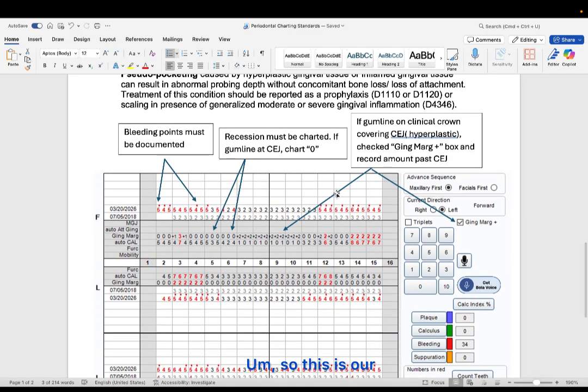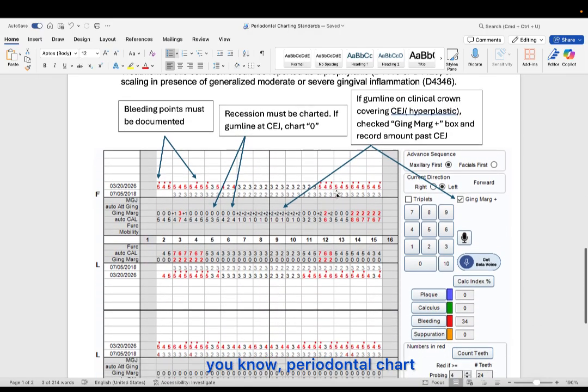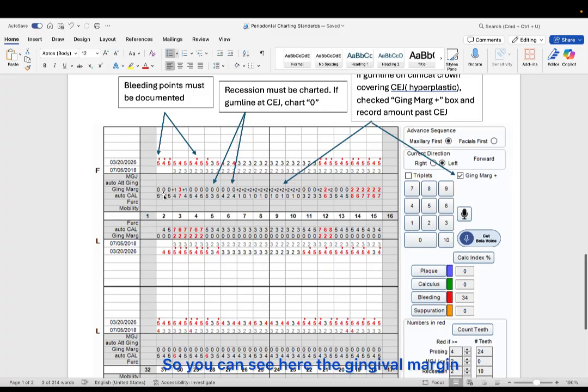So this is our periodontal chart. You can see here the gingival margin, if there is no recession, you have to put 0. If the gingival margin is on the clinical crown and it's puffy, you have to select and check this gingival margin plus and then put in the number, and that's like hyperplastic gums.